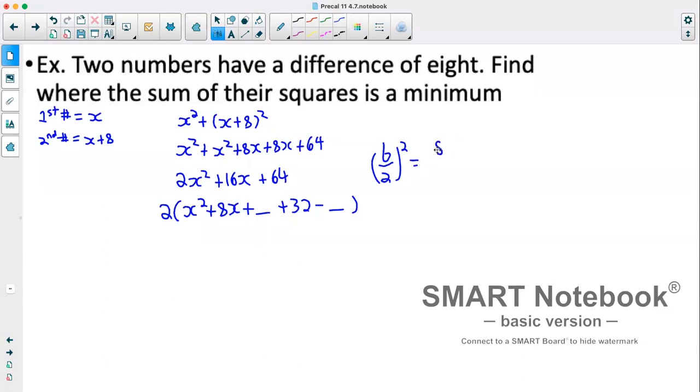So we have 8 divided by 2 and squared. So 4 squared, so 16. We'll factor that perfect square trinomial we've created. So we have 2 times x plus 4 squared. And then 32 minus 16 would be 16.